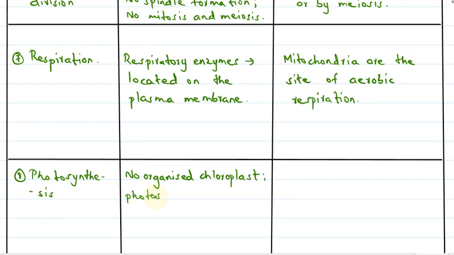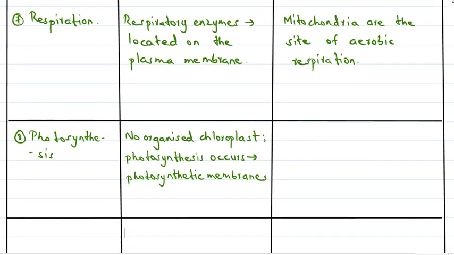So the process of photosynthesis occurs on photosynthetic membranes, and these membranes lie freely. Where do they lie freely? They lie freely in the cytoplasm.